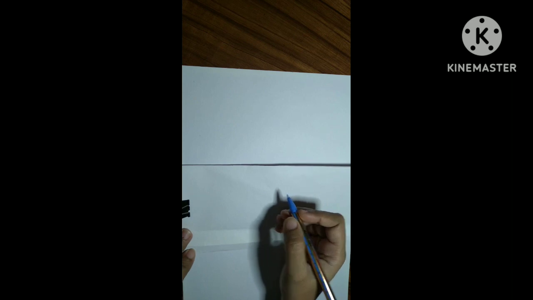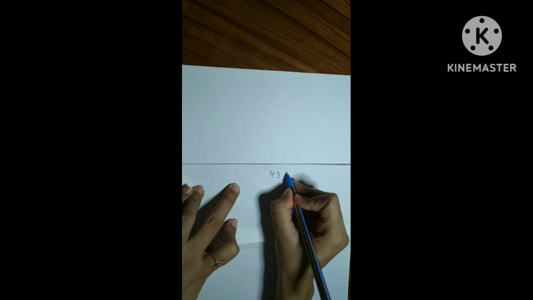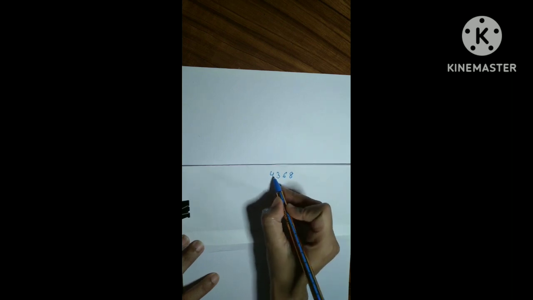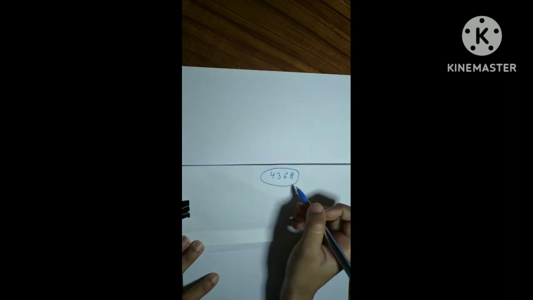Divisibility rule of 3. Let us take an example. Divisibility rule of 3 says if the sum of all the digits in the given number is divisible by 3, the complete number will be divisible by 3.